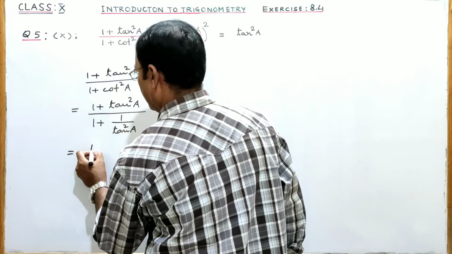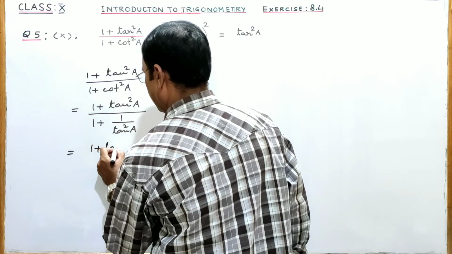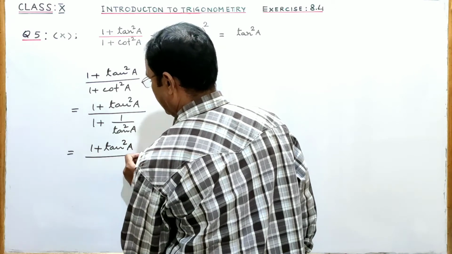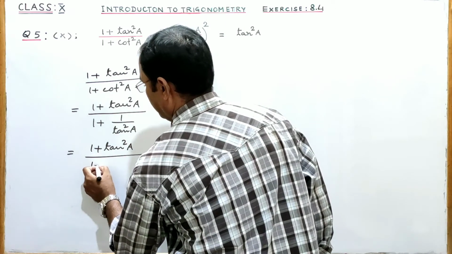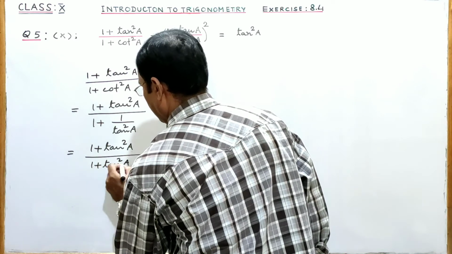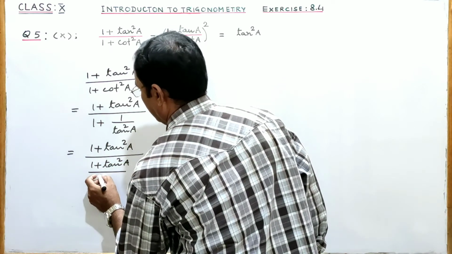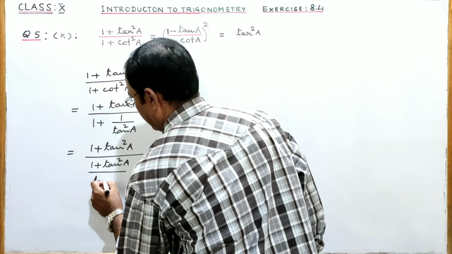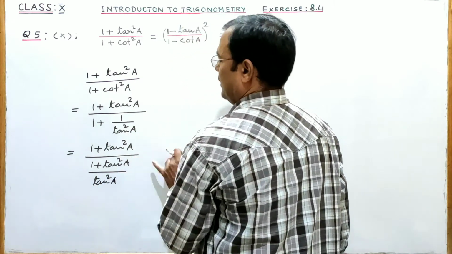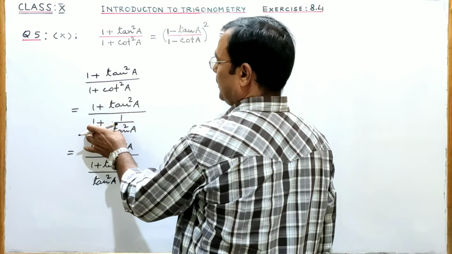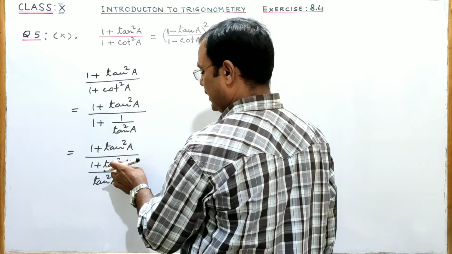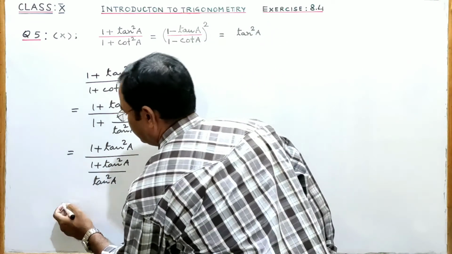So this is equal to 1 plus tan square a by 1 plus tan square a by tan square a. When this denominator 1 plus 1 by tan square a, you will simplify, you will find 1 plus tan square a by tan square a.